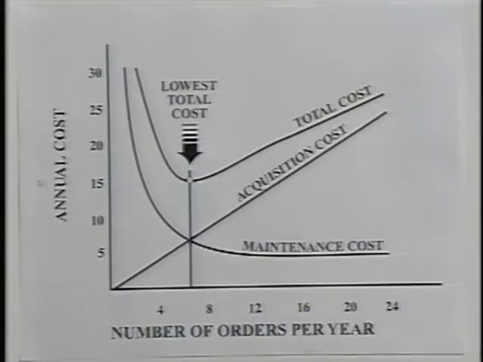If we set both equations equal to one another and solve for the order quantity, going through several iterations, we will actually get the equation for that total cost curve, and guess what? You're right, it's the EOQ formula.